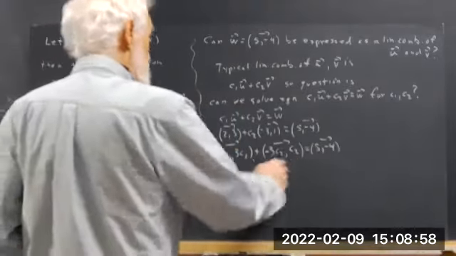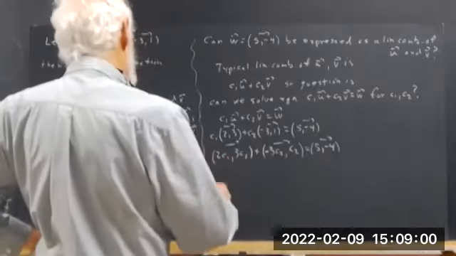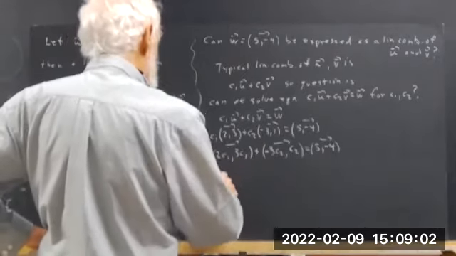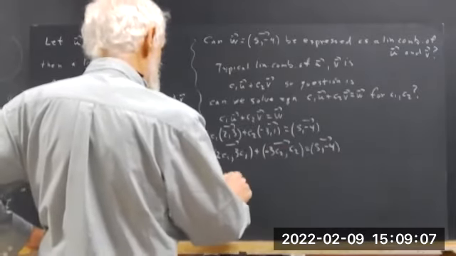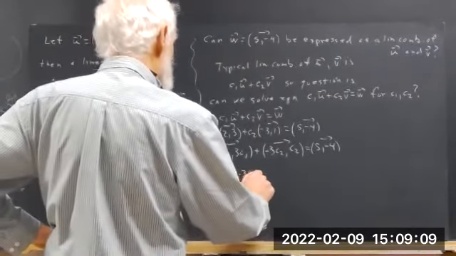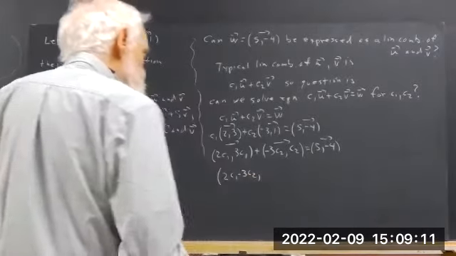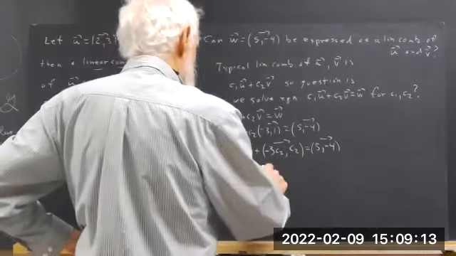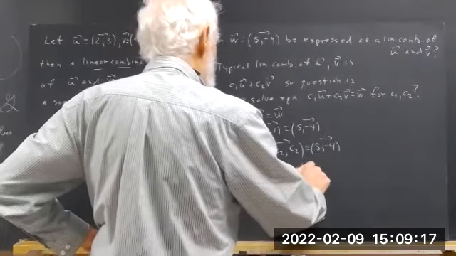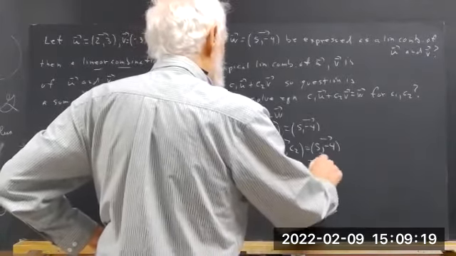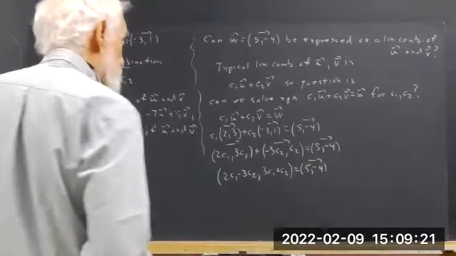Now, of course, we can add vectors component-wise. We get 2C1 minus 3C2 in the first component, and the second component gives us 3C1 plus C2, and that should equal (5, -4). None of that's difficult.